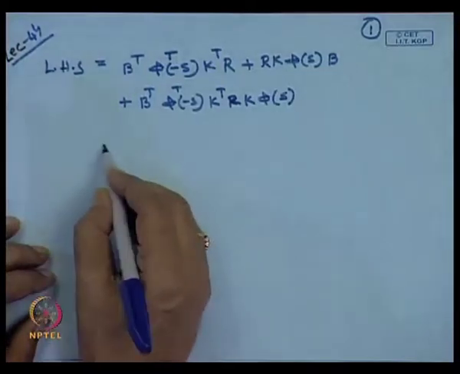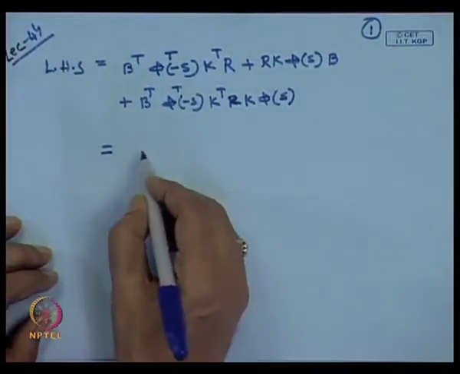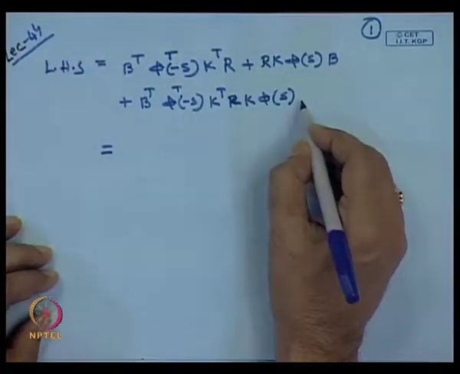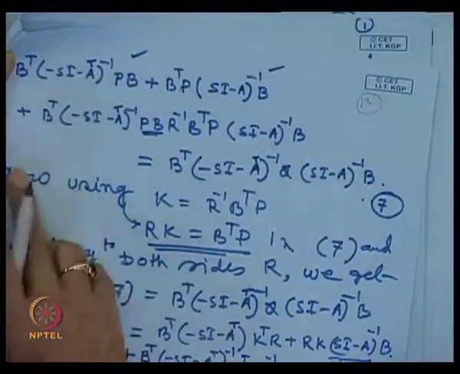If you factorize that one, you will get plus R K. From where is it coming?